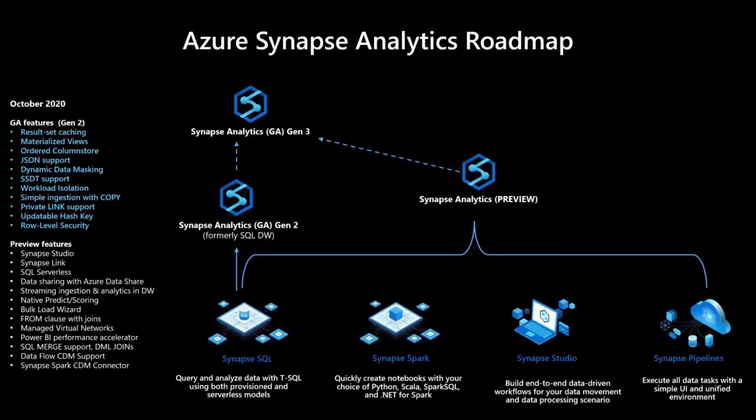From a Synapse Analytics, formerly SQL data warehouse, perspective, that is going to converge. When Synapse Analytics Workspaces go general availability and we go Gen 3 of Synapse Analytics, they will converge.